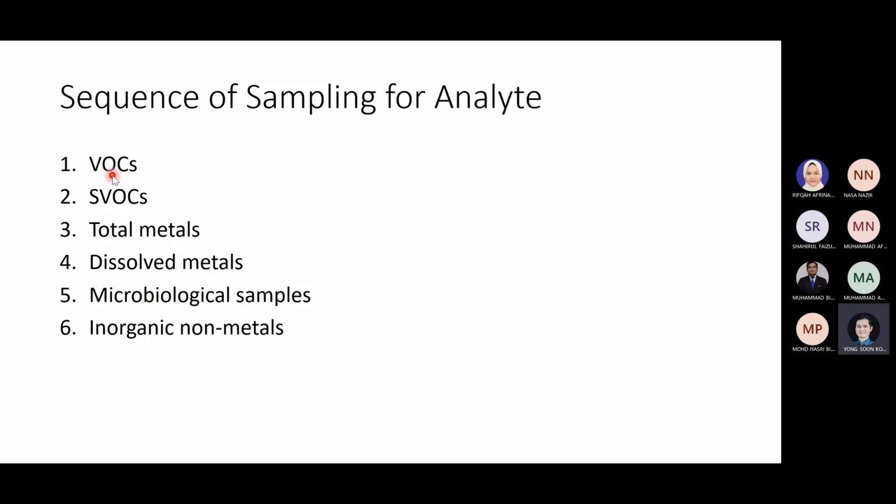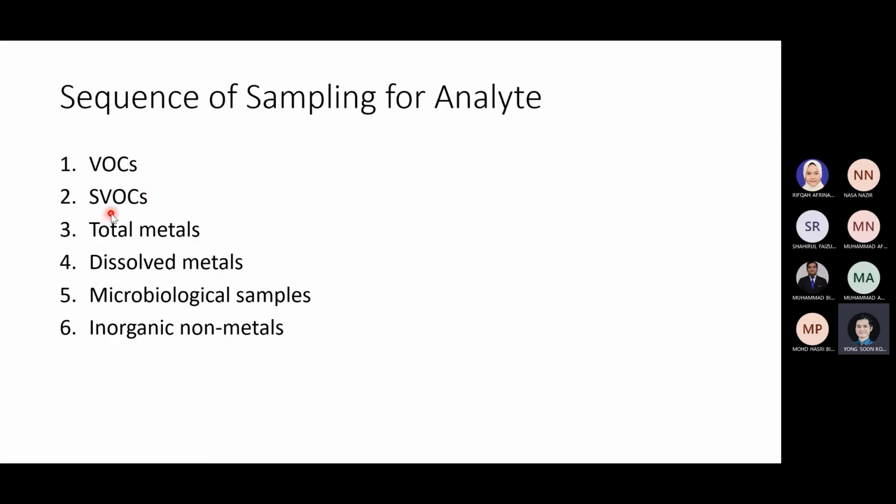And if there's a need to analyze volatile analytes like VOC or SVOC, oh, by the way, VOC stands for volatile organic carbon. It's volatile. Semi-volatile organic carbon, they are less volatile, but they still are, at different temperatures. And there is one more inorganic component which is also volatile, which is ammonia. Yeah, let's not forget in the water quality index, we also need to analyze ammonia. So usually those are the ones that we need to pay more attention to. We sample those first and treat them first.